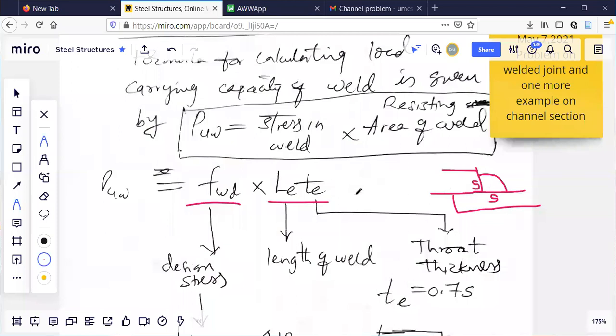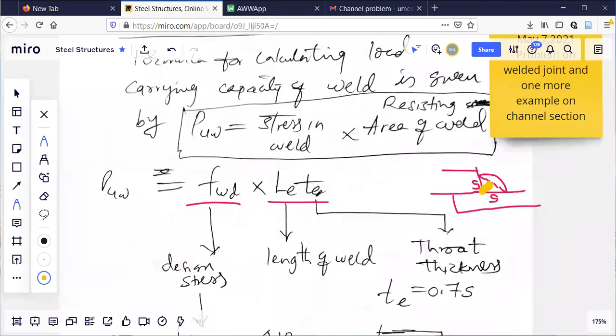So what is TE? You join these two points and draw a 45-degree line; this perpendicular line I have shown is what we call the throat thickness, TE.